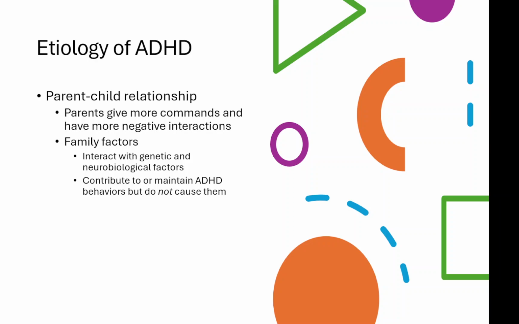The parent-child relationship is significantly important and can really exacerbate ADHD. Parents often issue more commands and experience more negative interactions with their children who have ADHD because these children may forget instructions, have difficulty listening, or engage in impulsive behaviors that may be dangerous or socially undesirable.